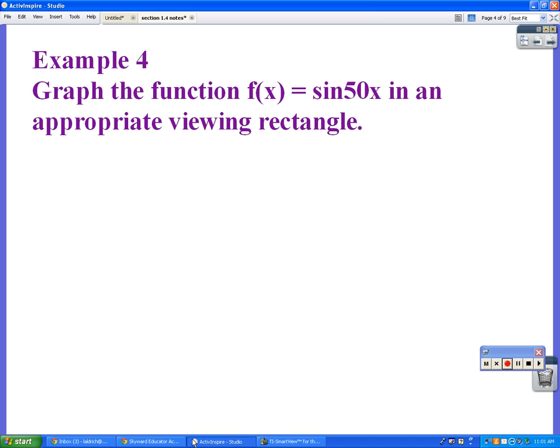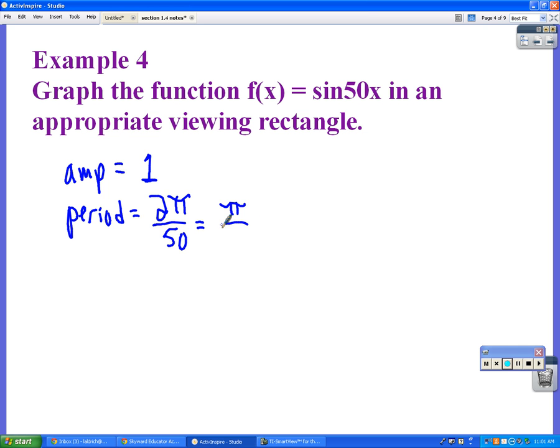How do you find the period of a function? You were all able to say that the amplitude was 1. How do you find the period of this graph? 2 pi over 50, okay? And so that means the period of this function is pi over 25, which is a very small decimal number.